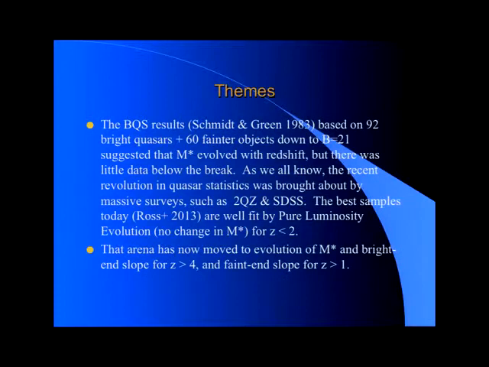So in those old days, in the end, after 10 years of work, we had a princely sample of 92 objects, and the kinds of models that seemed to fit were that the characteristic luminosity, in other words, there was a steep fall off to very luminous objects and a rather flatter part going to fainter magnitudes, and you could define the knee with a characteristic luminosity, and that certainly evolved with redshift, and the best fitting models had that luminosity-dependent density evolution where there was a coupling between the shape and the evolution.